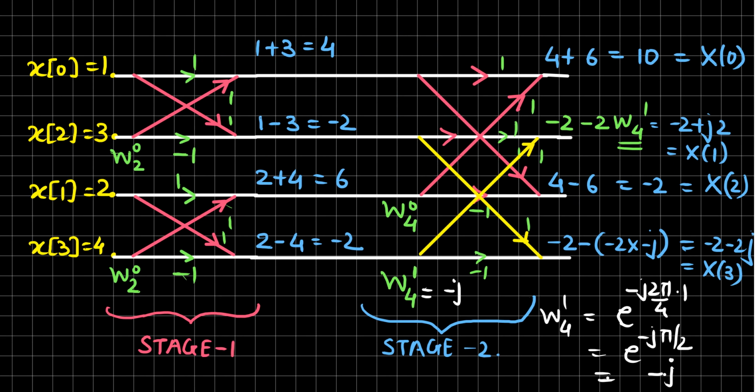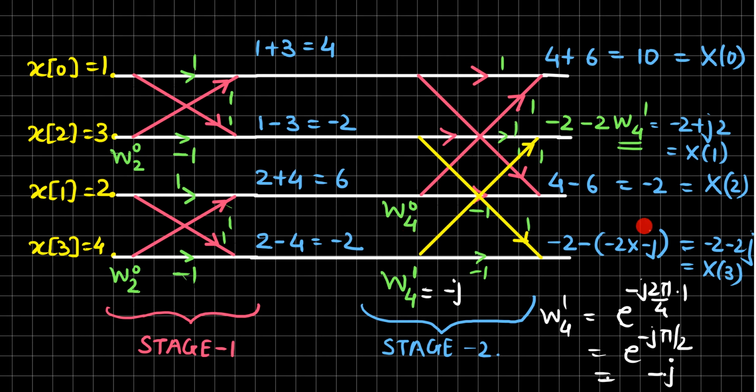Now the things that we need to consider is, in the stage 1 we are considering 2-point DFT, so the value of n1 would be 2. Then in the stage 2 we are considering 4-point DFT, so the value of n1 would be equal to 4.